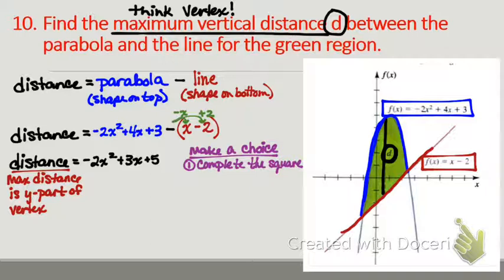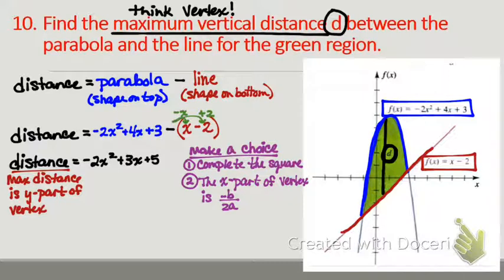There's another way that I can go about answering this question. And we haven't practiced that, so I want to do that this time. The other thing that I can do is I can use part of the quadratic formula. The x part of the vertex is negative b over 2a.